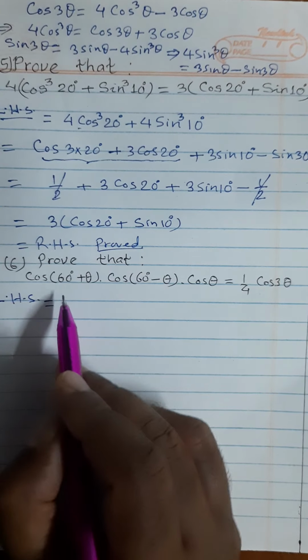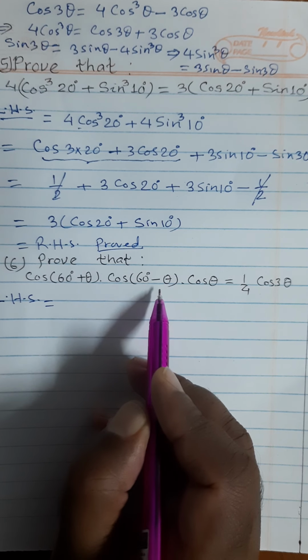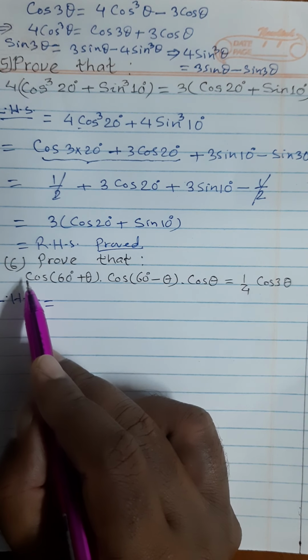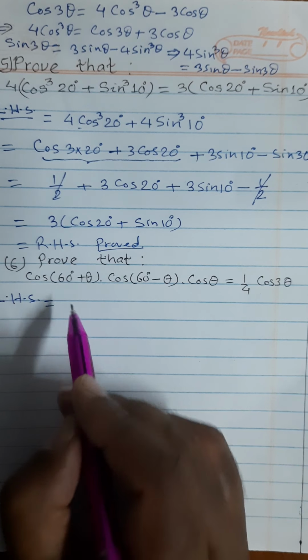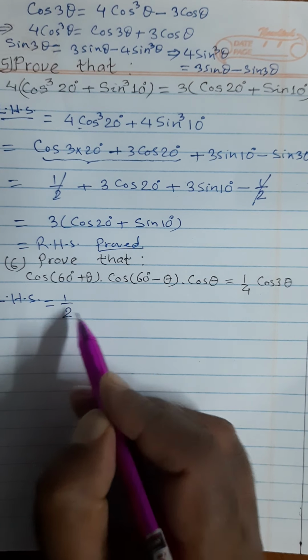So here we can use the 2 cos A cos B formula, but here there is no 2, so we can multiply numerator and denominator by 2.